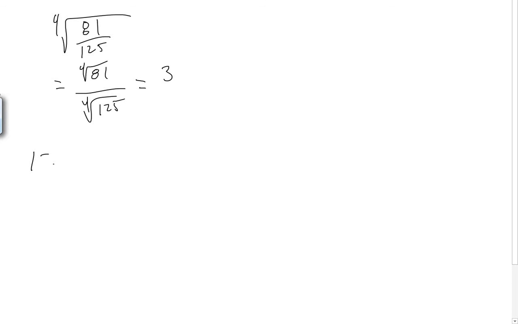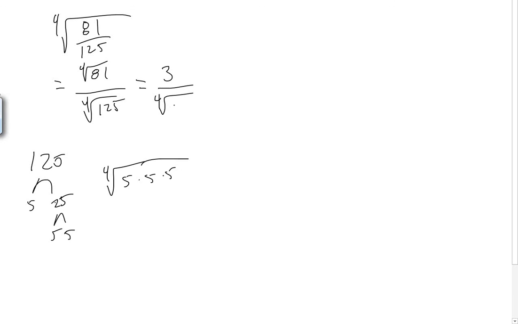But 125, that is not a fourth power. It's a cube. It's 5 times 25, which is 5 times 5. So the fourth root of 125 is really just 5 times 5 times 5. For fourth roots, I need groups of 4 in order to bring a 5 out, meaning that I have to still multiply by 1 more 5. If I multiply by 1 more 5, then now that I have a group of 4 inside of a fourth root, a single 5 comes out.